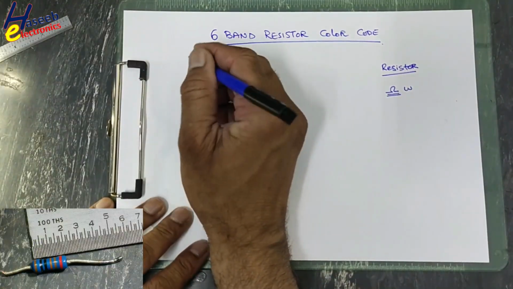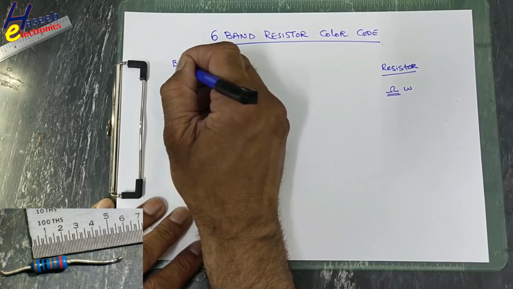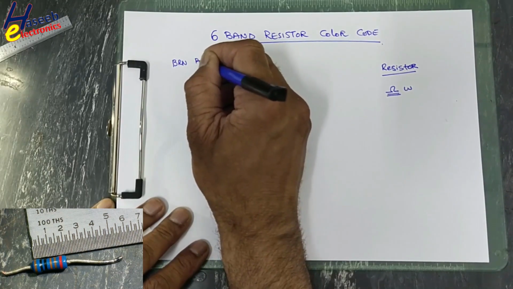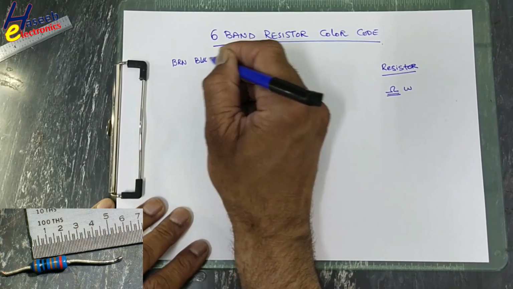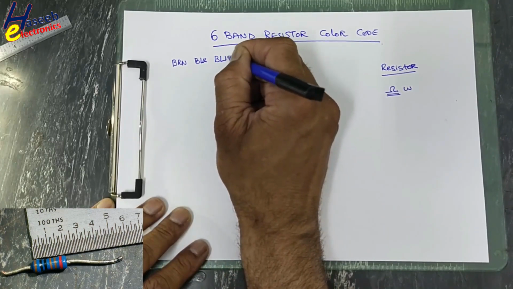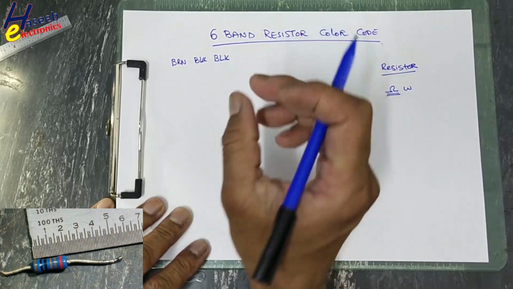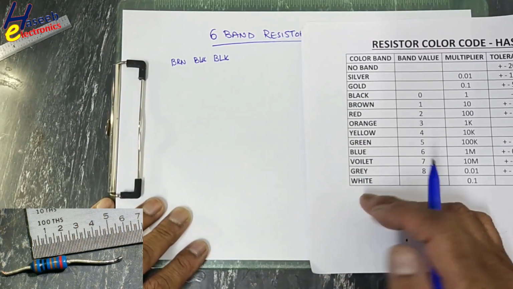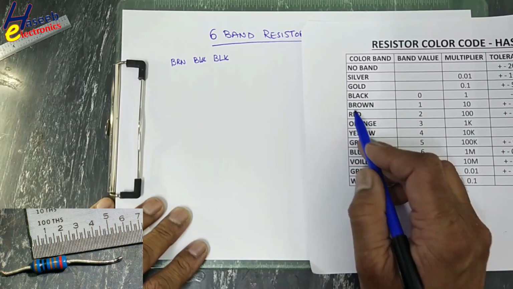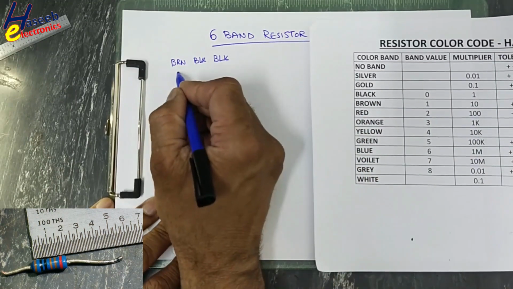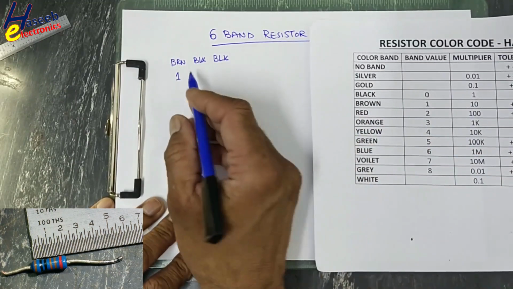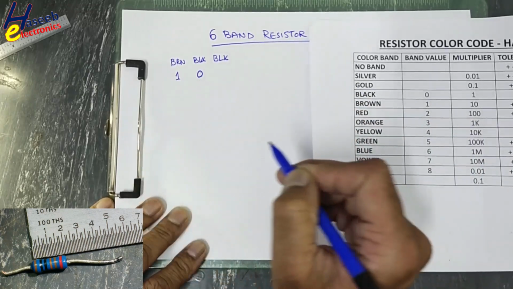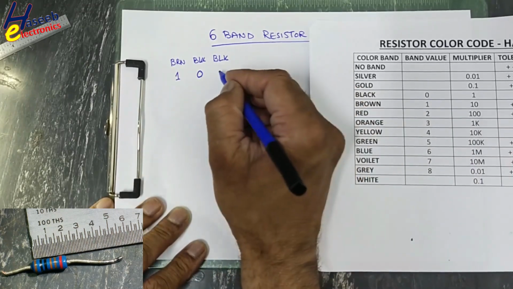First significant digit brown, second significant digit black, third black. These are significant numbers. We will locate the color band values. Brown value is 1. Then black value is 0. Then black 0.